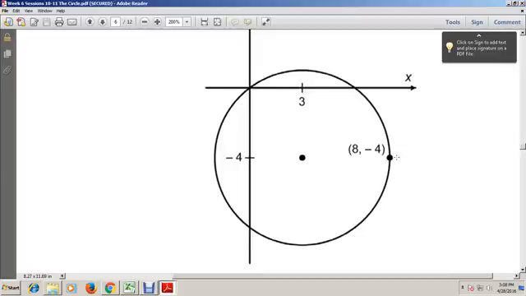Therefore, this point here would be (8, negative 4). This point here would be positive 3, then negative 4 minus 5 units gives us negative 9. So this point, directly straight downward from the center of the circle, is (3, negative 9).